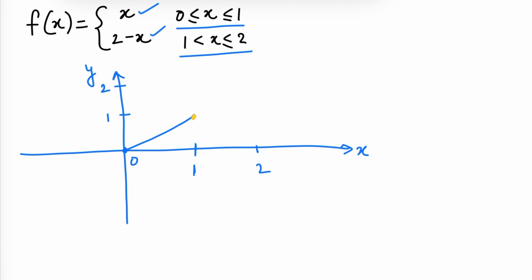So I'll take the point 2. So again you get the value as 0. So now I'll mark it as 0. So now the point is this. Now I'll join these particular points, and now we have this graph of f(x).